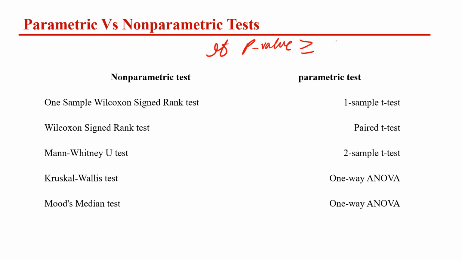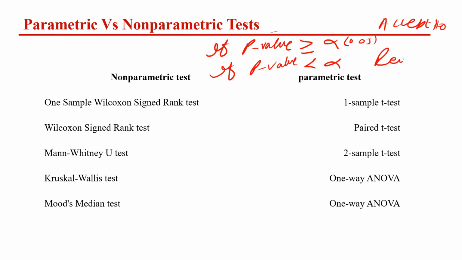If the p-value is greater than or equal to your pre-decided alpha, which right now I'm considering as 5%, we will say accept H naught. If the p-value is less than alpha, we will say do not accept H naught, or you can say reject H naught.